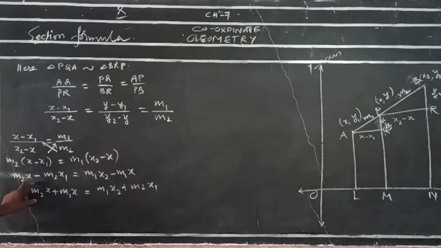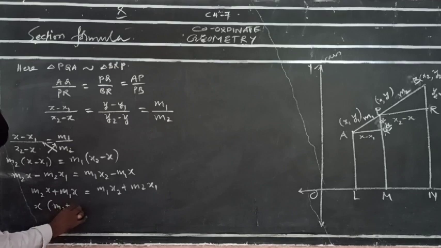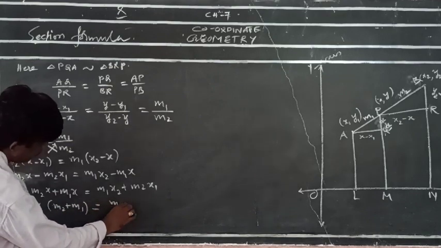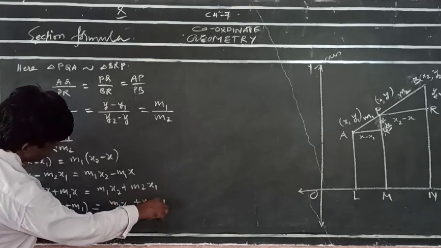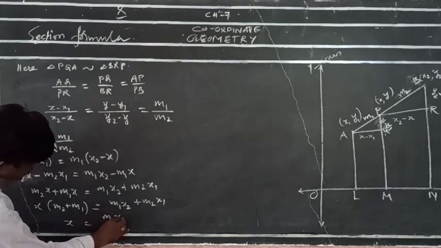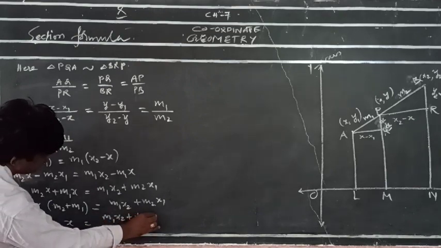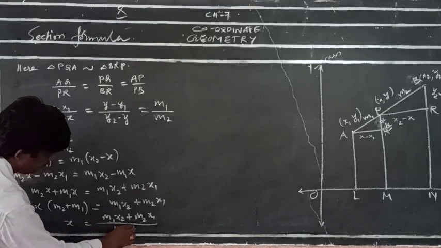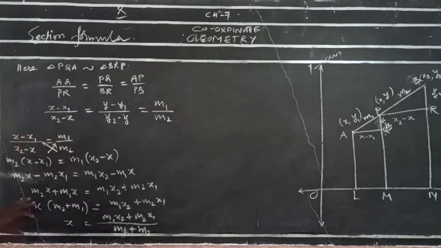So I got the relation m2 x plus m1 x is equal to m1 x2 plus m2 x1. Here I have x as common, therefore I will get (m2 plus m1) x, and this is equal to m1 x2 plus m2 x1. So from this I will get x is equal to (m1 x2 plus m2 x1) by (m1 plus m2). This is the x value.